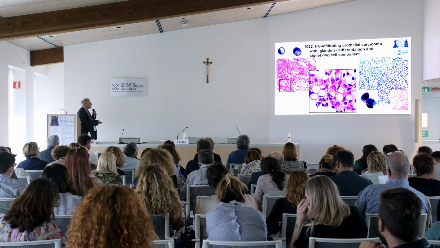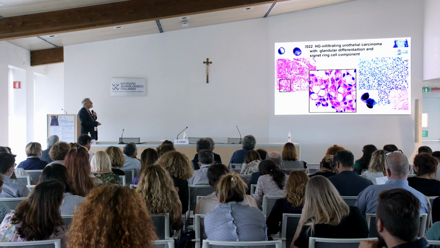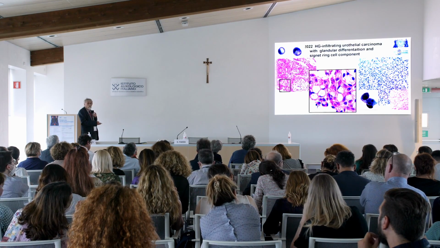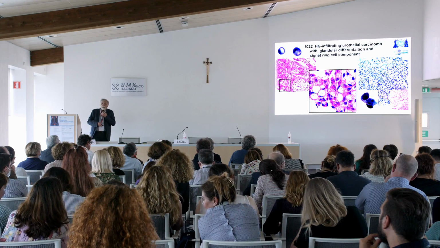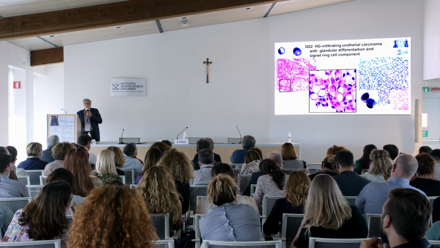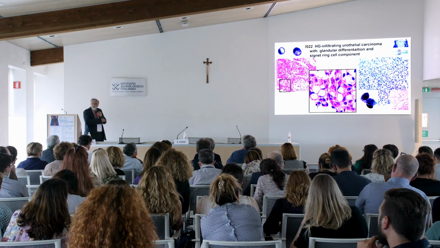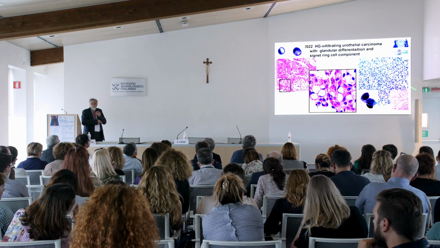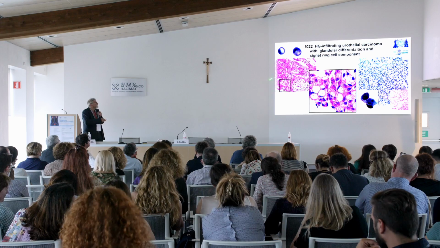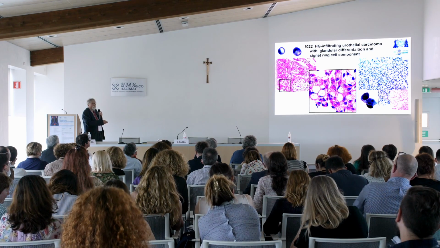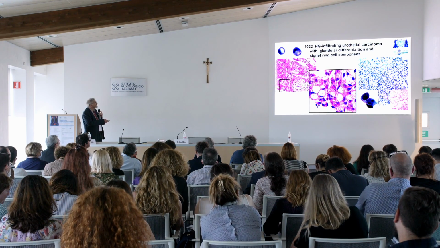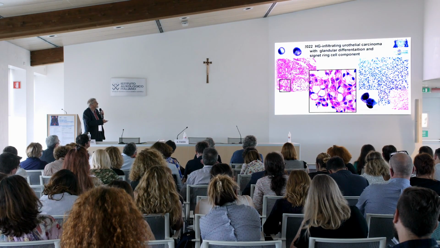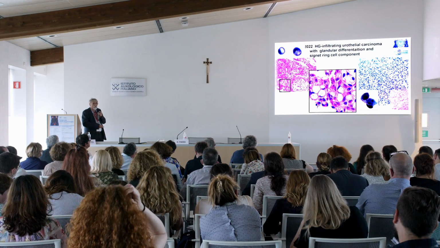And we have another possible finding: the discohesive tumor, like plasmacytoid, may have some cells similar to signet ring cells. That is not our case. The urothelial component is typical, and the signet ring cells arise in an area of glandular differentiation.